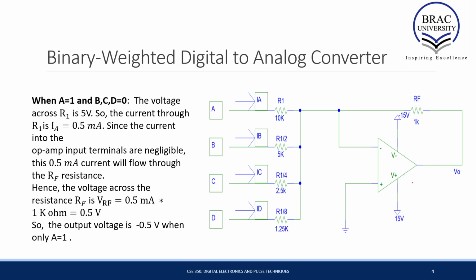That means this is connected to the ground, and so this will be connected to the ground too. Since logic A is high, or 5, IA will have a value of 0.5 milliampere using Kirchhoff's law.